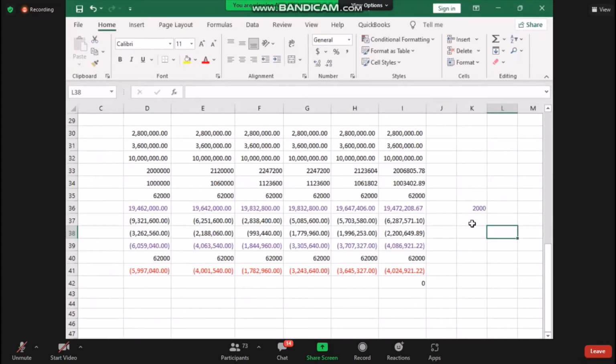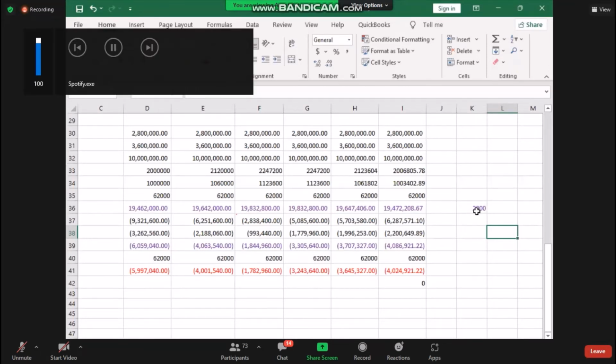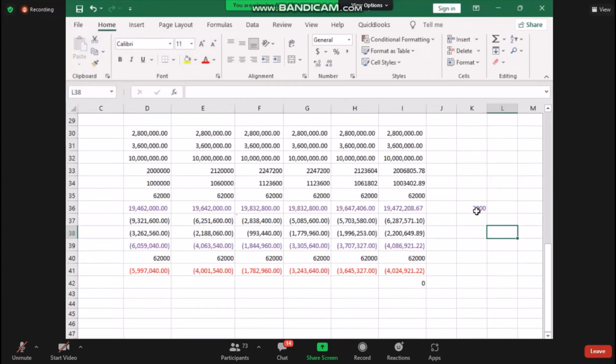If the salvage value is 2,000 in the question that you have, then you need to get the net salvage value. Whenever you're selling a fixed asset, there is always a tax component. So you're going to subject this salvage value to tax, and then you get the final salvage value that you're going to put in year 6. How do you do that?